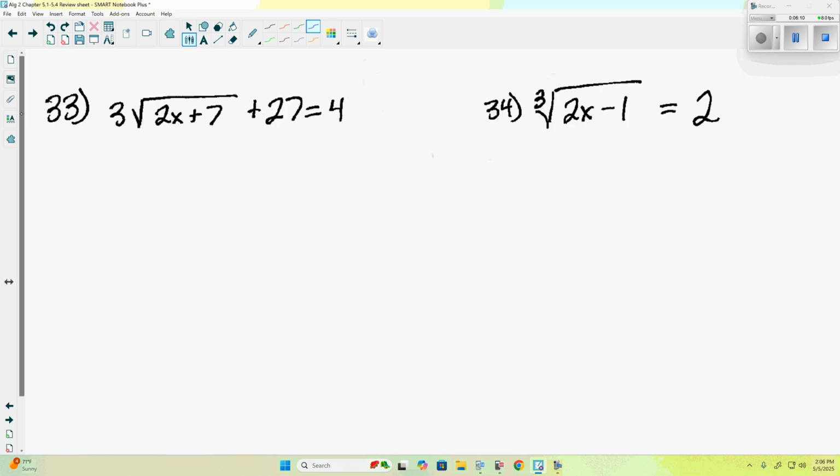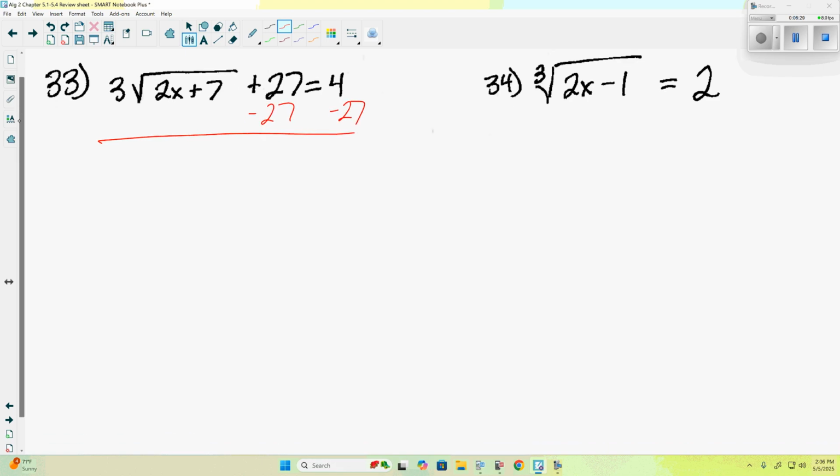33. 3 times the square root of 2x plus 7, plus 27 equals 4. Well, the first thing we'd have to do here is get the radical by itself. So we can subtract 27 from both sides, telling us 3 times the square root of 2x plus 7 equals negative 23.